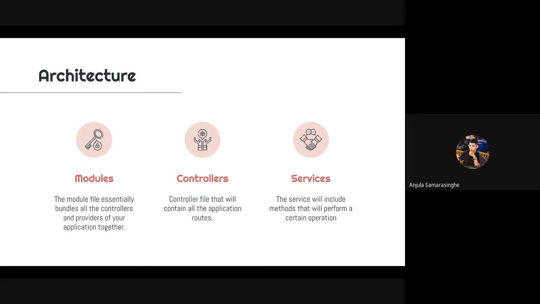The controller is where the HTTP request we send is going to be received, and it's going to give the HTTP response back. So that's the role of the controllers. And the services is where we include our methods that will perform certain operations.